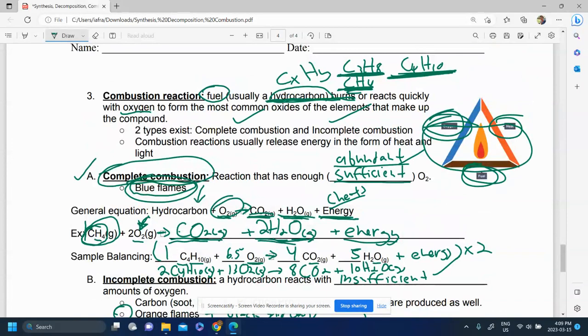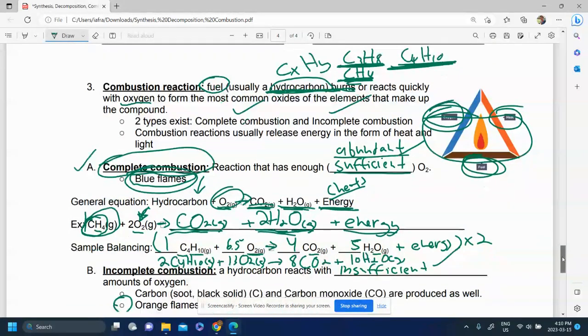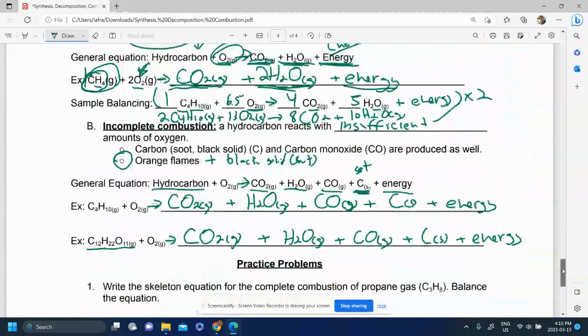The only thing that's different is how they balance, because there's different amounts of carbons and H's, of course. Incomplete combustion is a little bit similar. You just don't have enough oxygen. Your flames are orange, and you have a carbon solid form as well called soot. And these are dangerous because you have carbon monoxide produced in addition to your CO2 and water. But it's just like before, all the products are the same: CO2, water, CO, and C, plus your energy, of course.